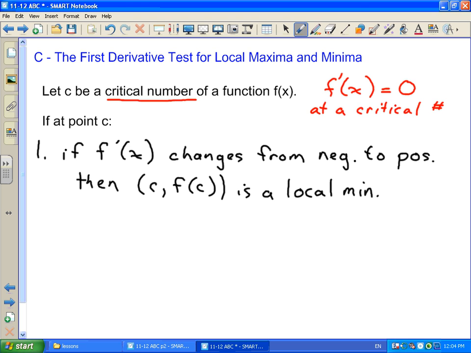Okay. So you can visualize this. Let's say you've got some curve like this. In the middle is c. On one side of it, the slope of the tangent is negative. On the other side, the slope of the tangent is positive. Right at c, the slope of the tangent is 0.